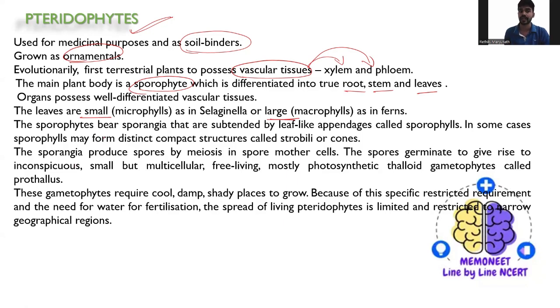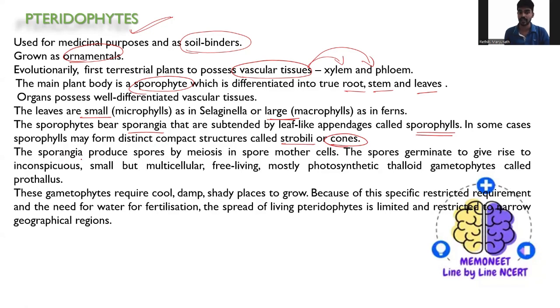Then this sporophyte normally bears the sporangia. What are the sporangia? They are subtended by leaf-like appendages called sporophylls. In some cases, these sporophylls may form a distinct compact structure, called strobili or cone-like structures.